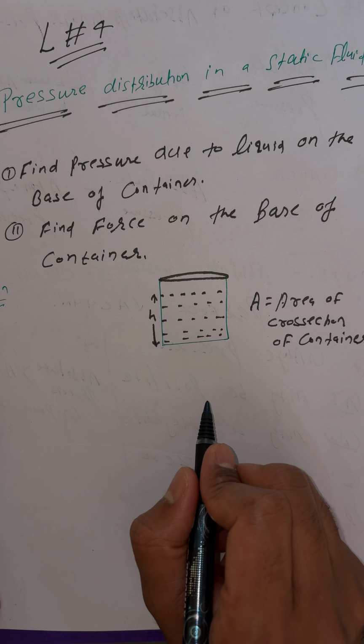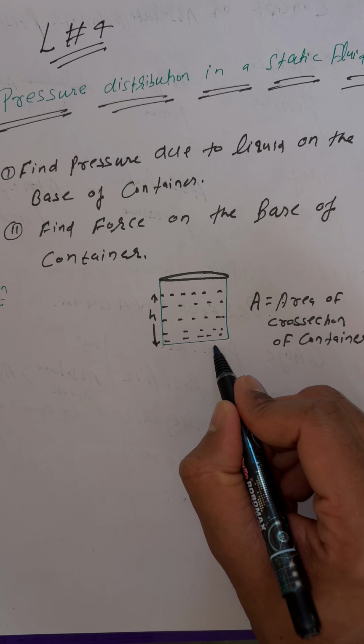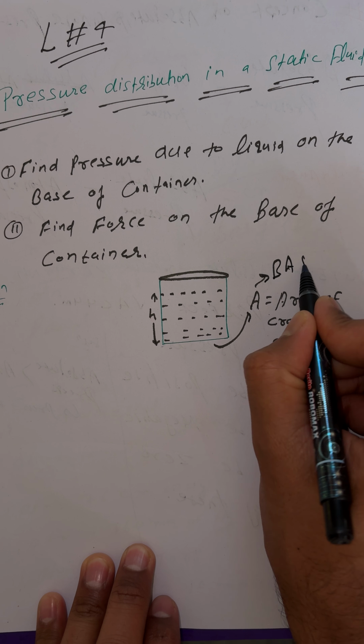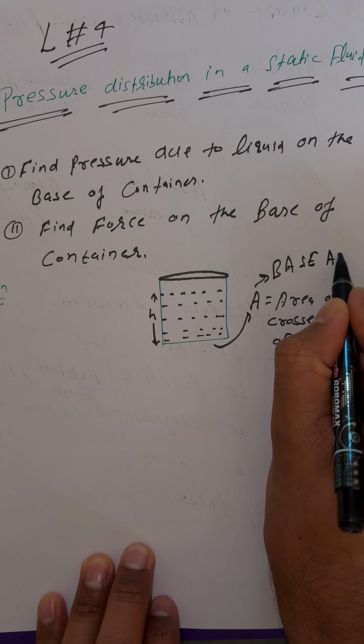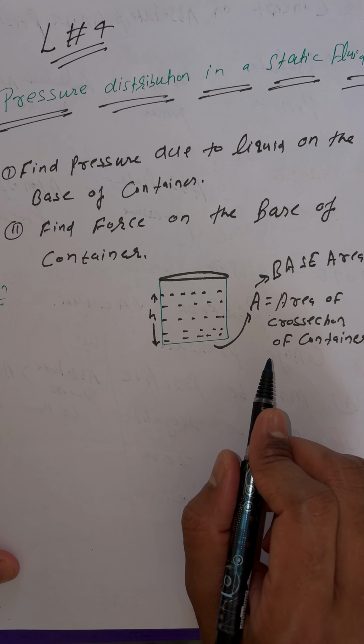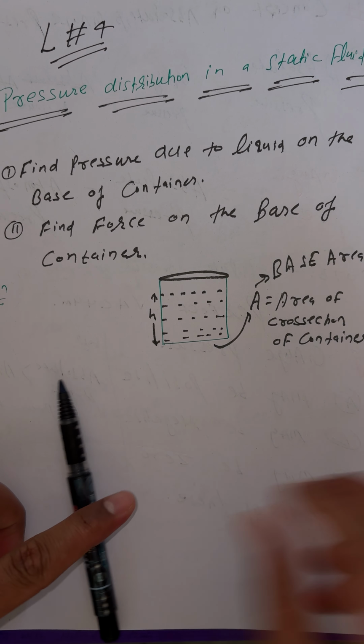So for this, what is it, not a cross section, students? You can say this is the base area. It's better to call it this. Now students, here we wish to find what? First is pressure, right? And second is force.